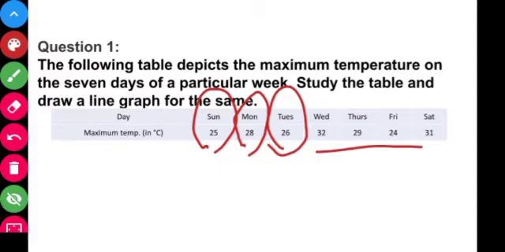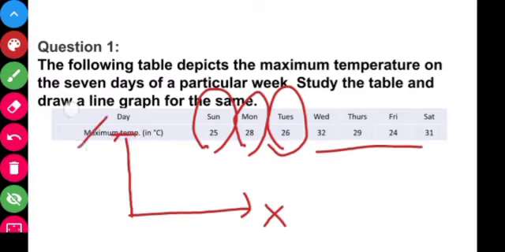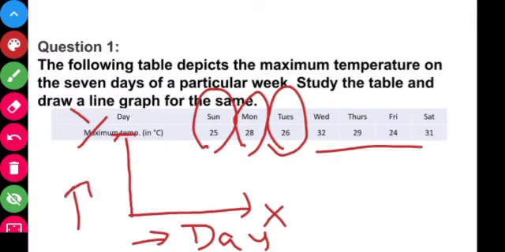So how to draw a line graph? For this, now draw the x axis and y axis. On the x axis you have to take days, and on the y axis you have to take temperature.